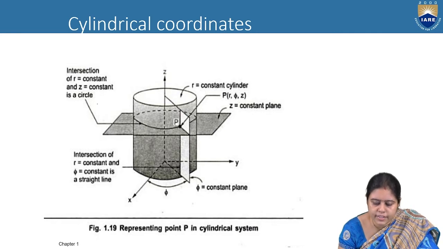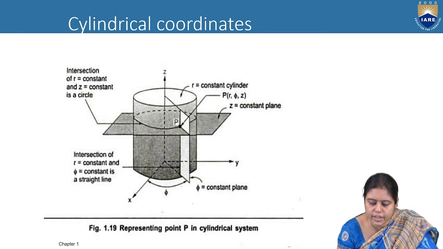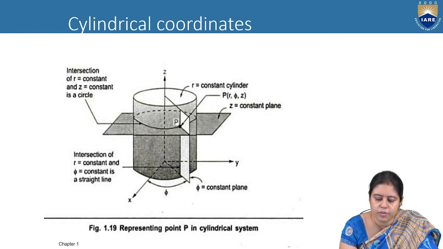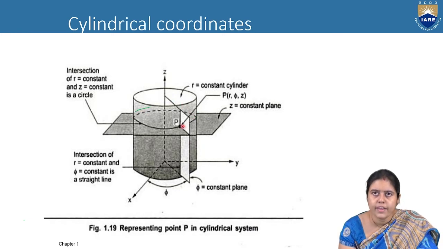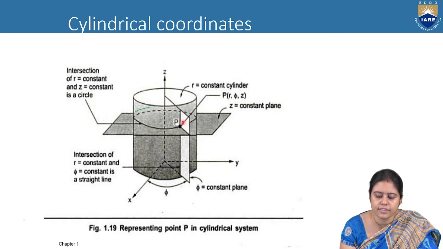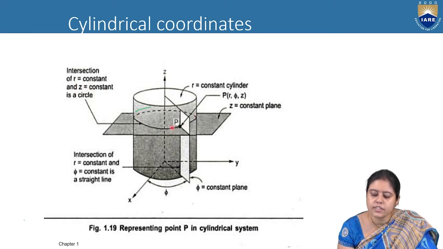If we think about the inner circle, this is the intersection where R is constant and Z is constant. So it is a constant Z plane. This top one is a constant Z plane, and the bottom one is also a constant Z plane.